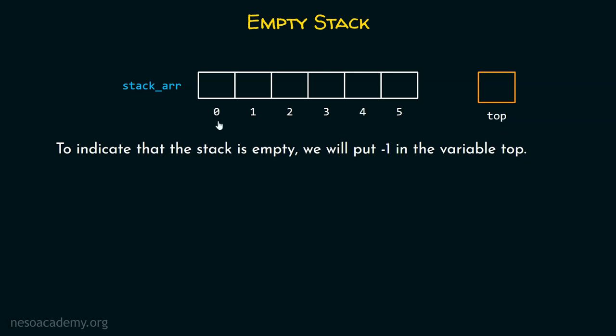Here 0 is a valid index, 1 is also a valid index, and so on. So we store an invalid index to indicate that the stack is empty. You can choose some other value also, maybe -2 or -5. I have selected -1 and there is a reason behind this.